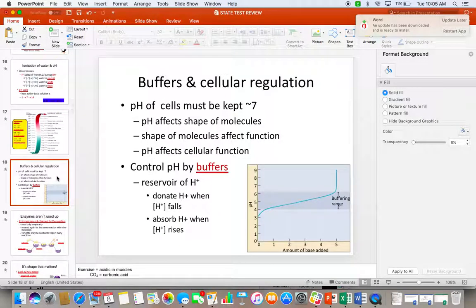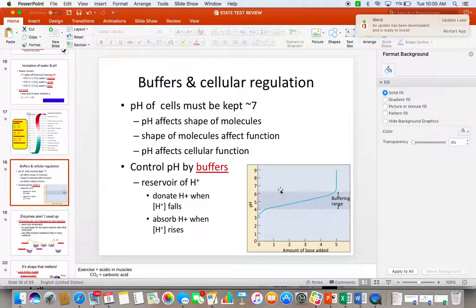If we have a solution and we want to neutralize it, we can use a buffer. If we have an acid and we want to neutralize it, we can add a base to it. And what that buffer is going to do, if we have an acid, which has a lot of hydrogen, when you add the base, which is the buffer, it's going to absorb some of the hydrogen.